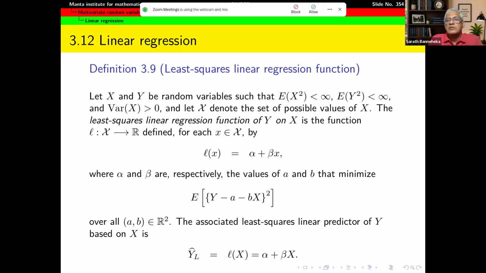What we discuss here is a theoretical idea about the linear regression between two jointly distributed random variables, X and Y. We are going to look at something called the least squares regression function.